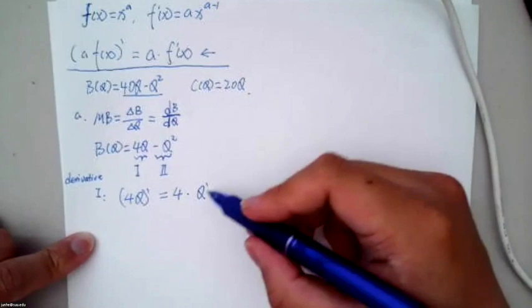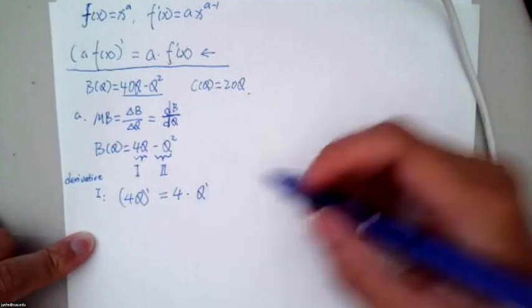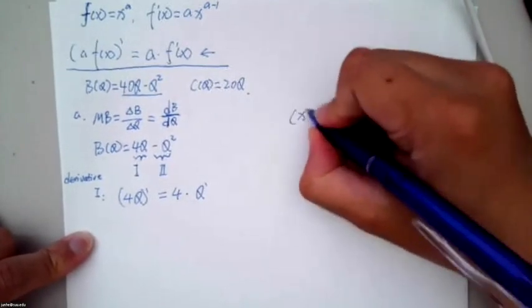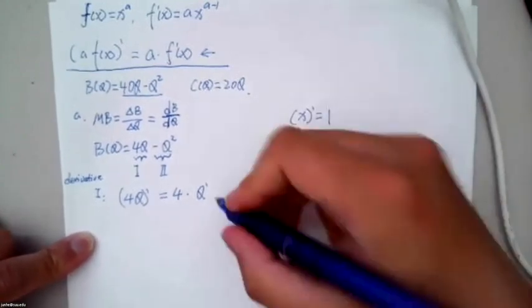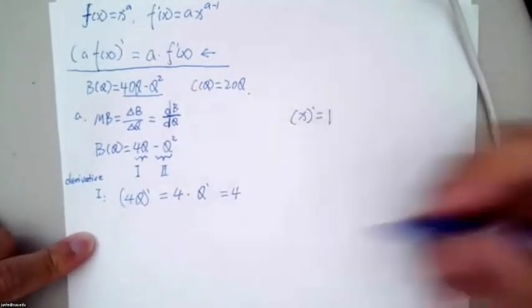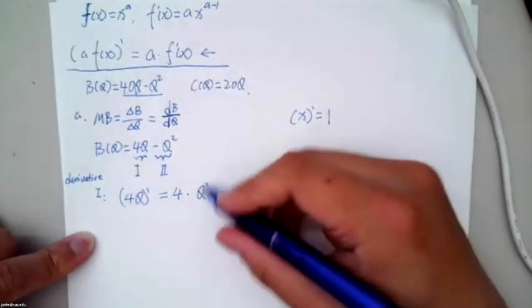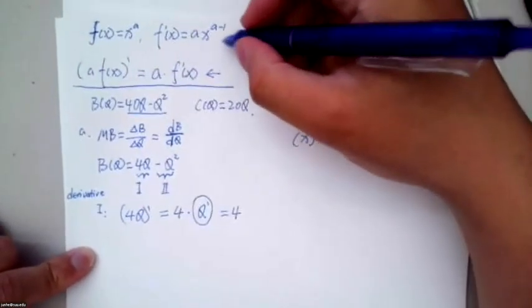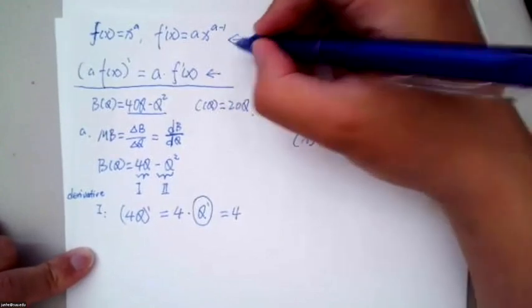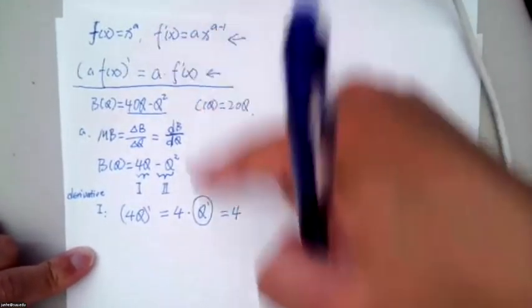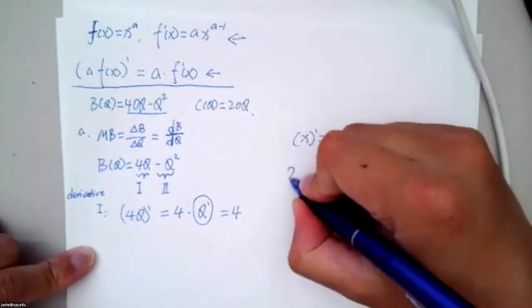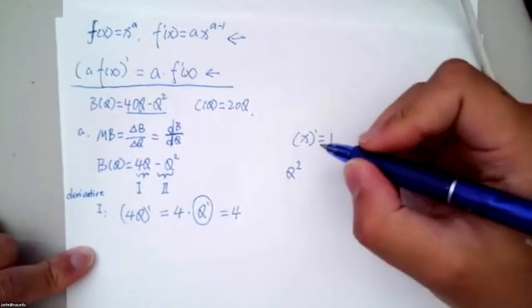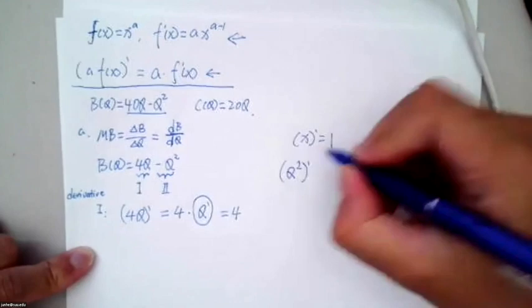Some of you may already know that the derivative of Q with respect to Q is like the derivative of X with respect to X, which is 1. The result is 40. But in case you forgot, let's just utilize rule 1. In rule 1, it is Q to the power of 1, and we are looking at its derivative.